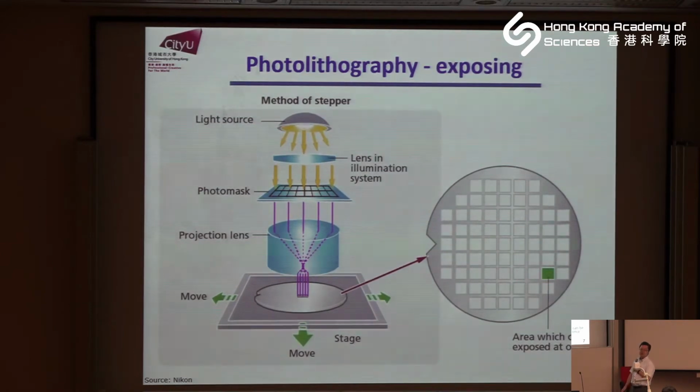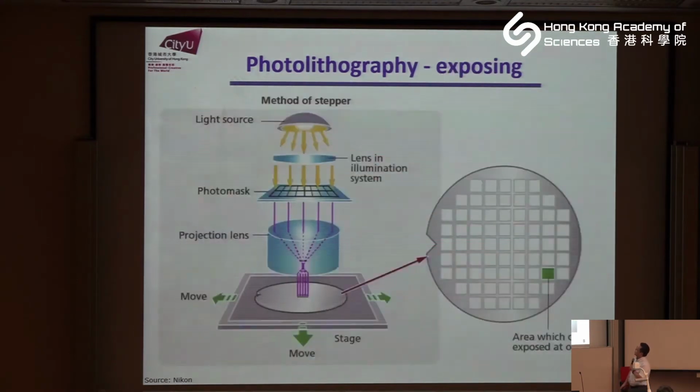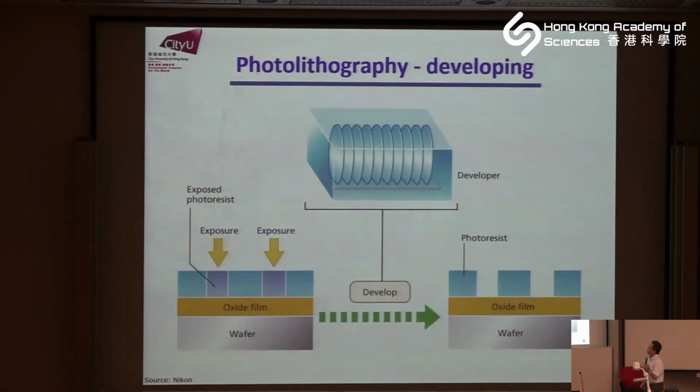After we do the exposing in photolithography, which is exposing the pattern onto the substrate, we then need to develop. Originally on the silicon substrate, there is the active material we want to create a pattern in, for example an oxide film. After the UV light exposes the material region, which is what we call photoresist, it's a resist, meaning this is a sacrificial layer.